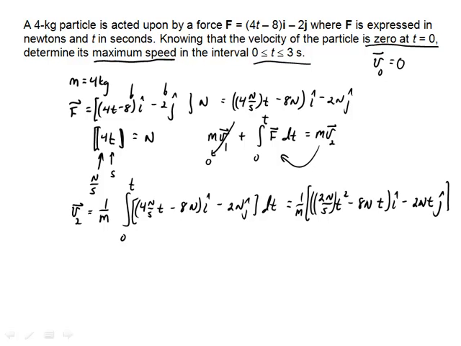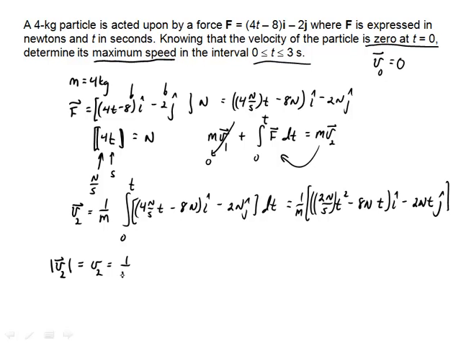Now that's the velocity. Notice the question is, where is the speed maximum? The speed is the magnitude of the velocity. How do you find the magnitude of a vector quantity? You take the i component and square it, take the j component and square it, and take the square root of all that.